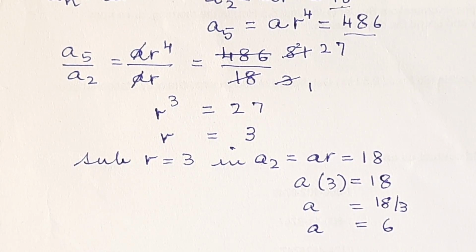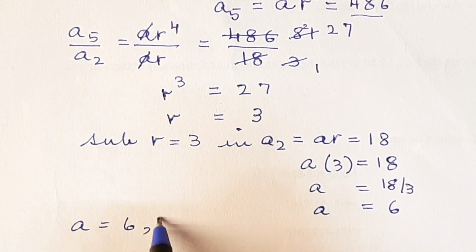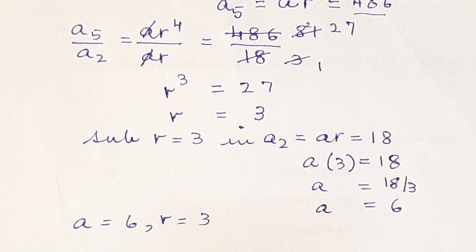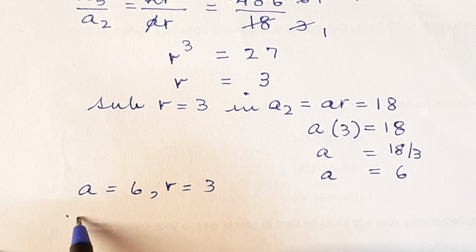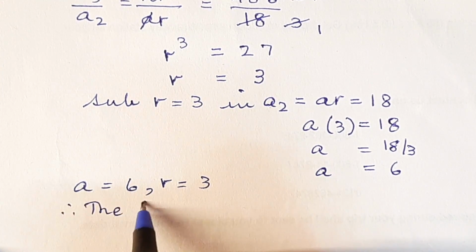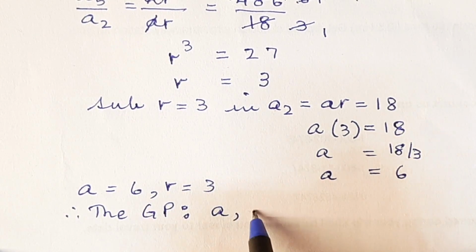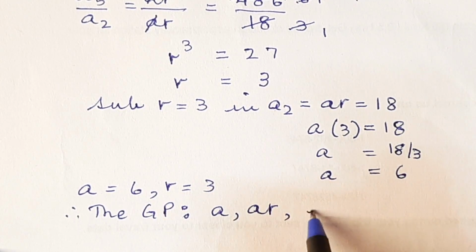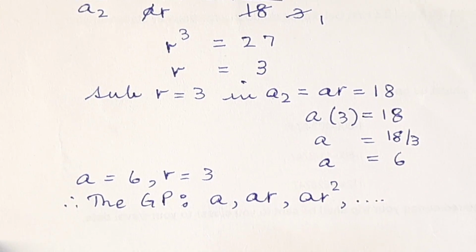6. So now we have a equal to 6, r equal to 3, and they are asking us to find the GP. So we will say, therefore, the GP is a, comma, ar, comma, ar square, comma, dot, dot, dot.